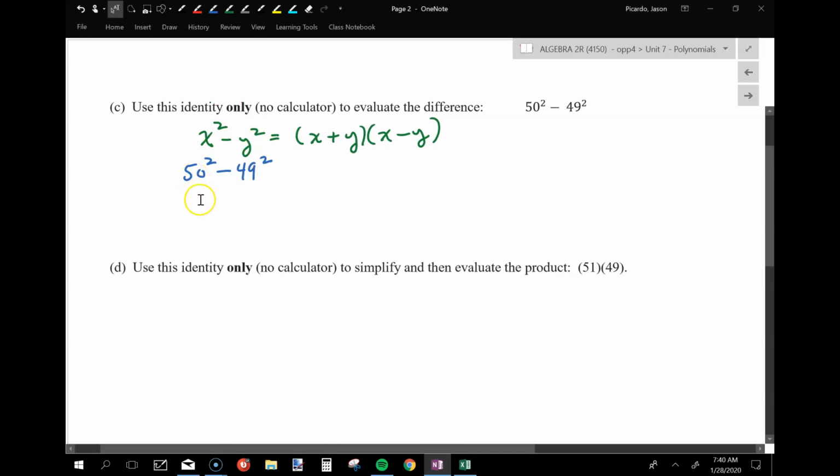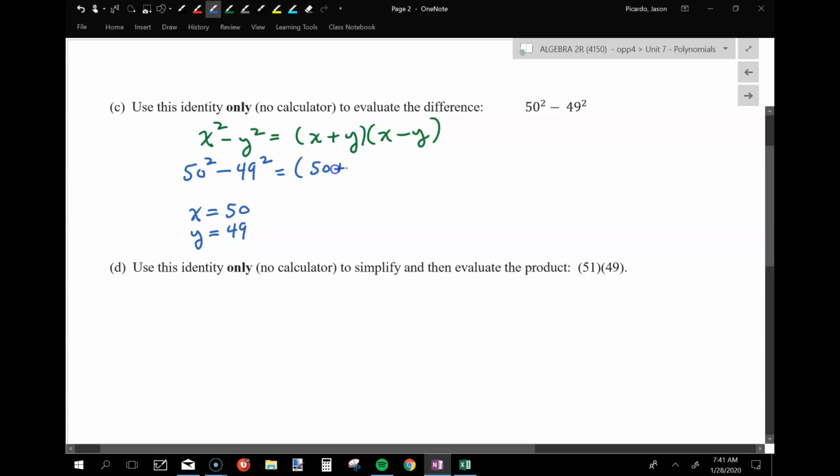Except, what have I given the value of x? And what have I given the value of y? 49. Well, according to the identity, this equals this. Well, can I take these values and plug them in over here? And if I did, what happens?